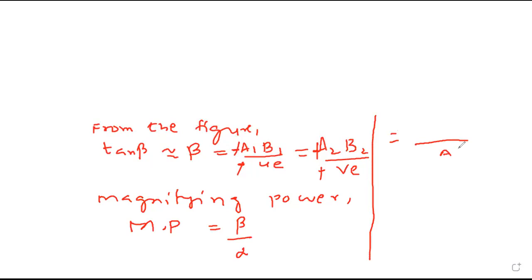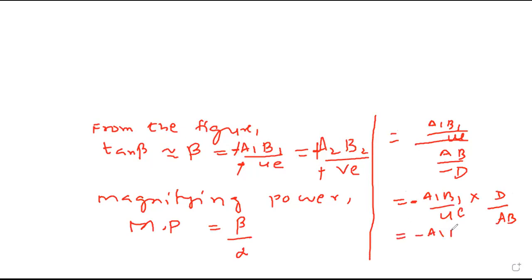Alpha is AB upon D. I am taking the first term A1B1 upon UE into D upon AB, so minus A1B1 upon AB into D upon UE.